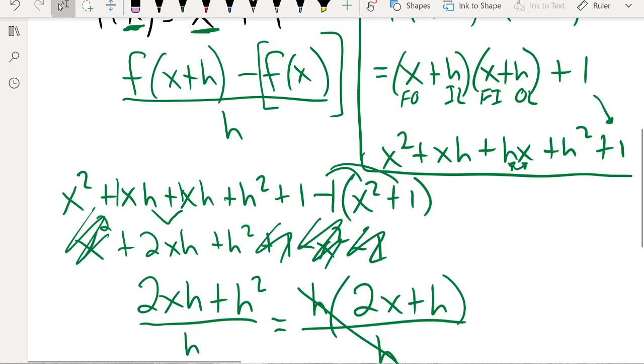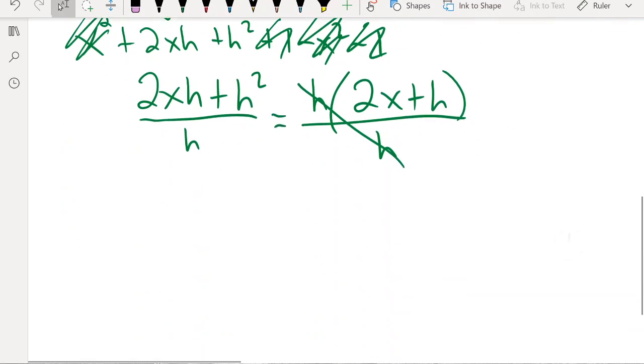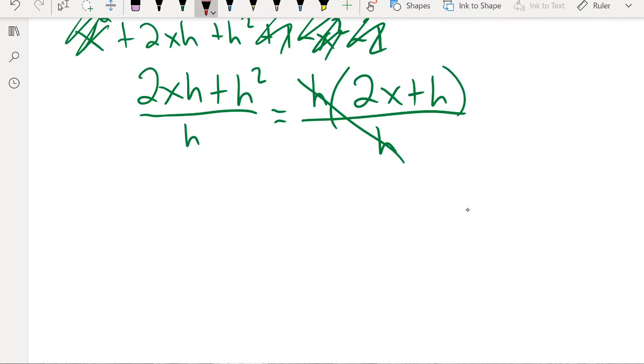If you're in pre-calc, then you can go a little further, because now in pre-calc, they're going to have you take the derivative, the limit as h approaches 0 of 2x plus h. Well, if you have a limit and you want to try to plug it in, you just plug it in unless there's a problem. Now, originally there was a problem. There's an h on the bottom.